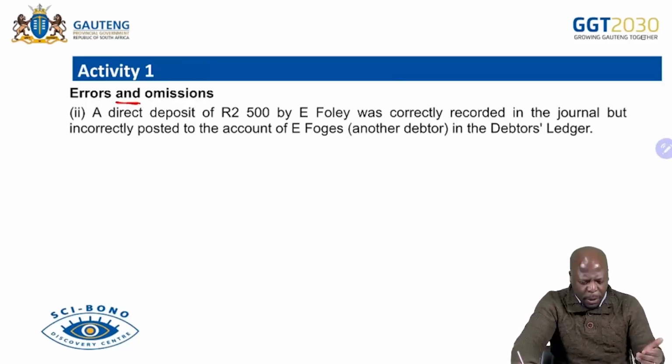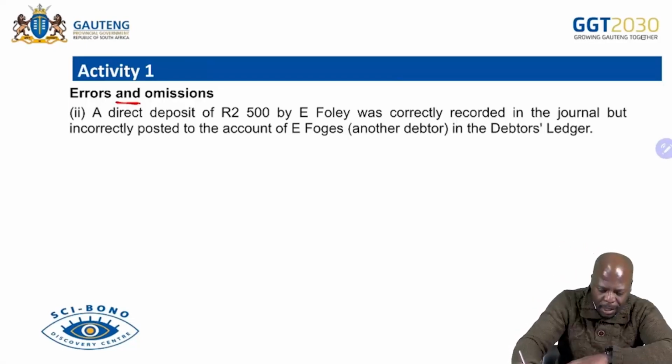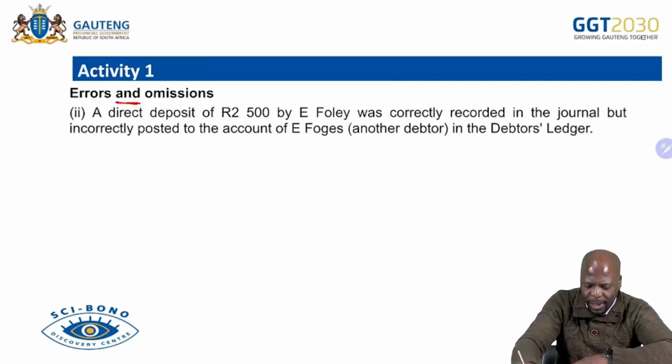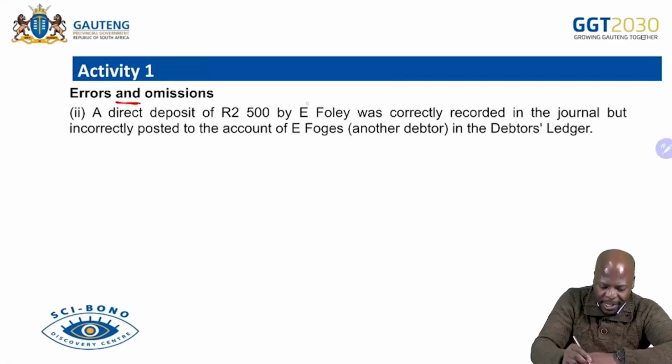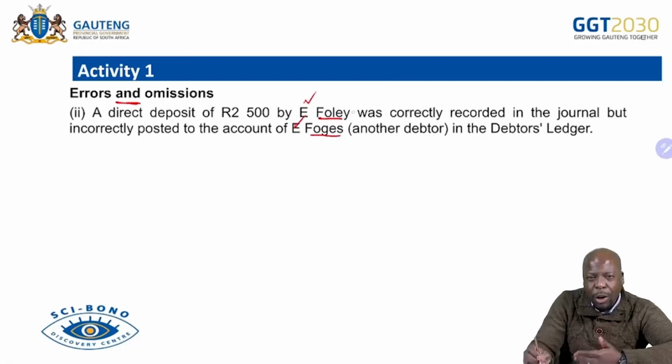So a direct deposit of 2,500 by E Foley was correctly recorded in the DJ. So it's correct in the DJ, but incorrectly posted to the account of E Fogs. Okay, you can see here what is happening. The initial is correct, E, but this is Mr. Foley and this is Fox. We don't know who is Mr. Fox. Our debtor is Mr. Foley, not Mr. Fox.